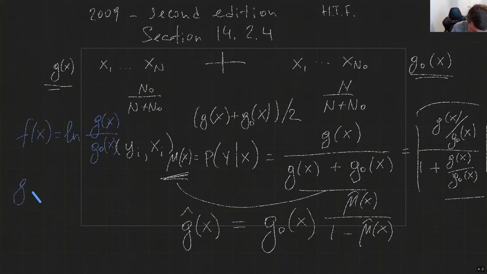Then what it comes down to is that our estimate of G of X is nothing but G0 of X times e to the f of X. This f of X is our classifier, basically our decision boundary, or log odds, which we estimate through logistic regression.